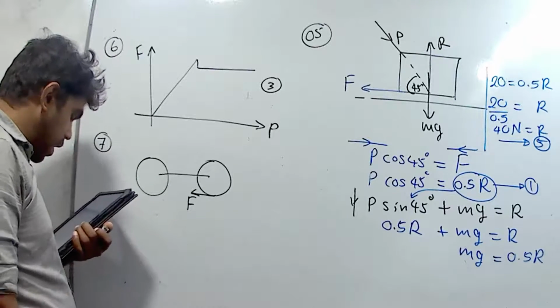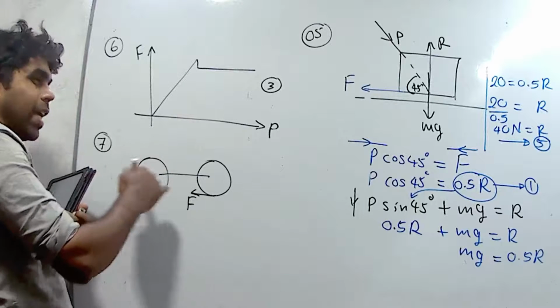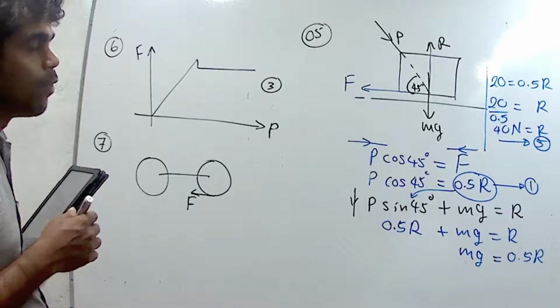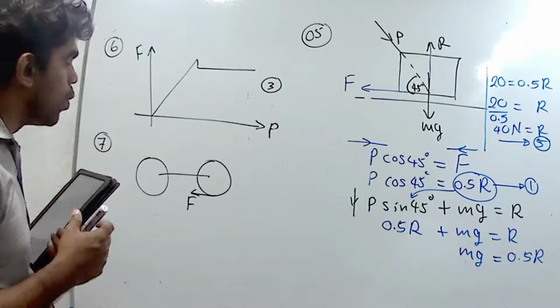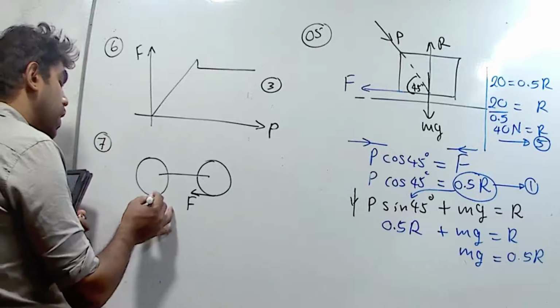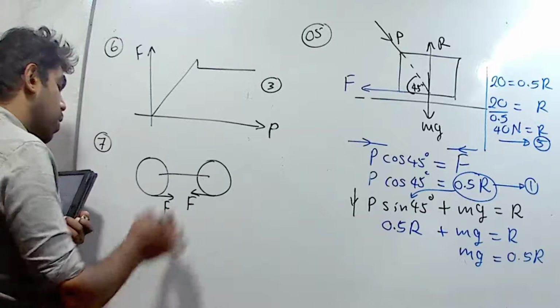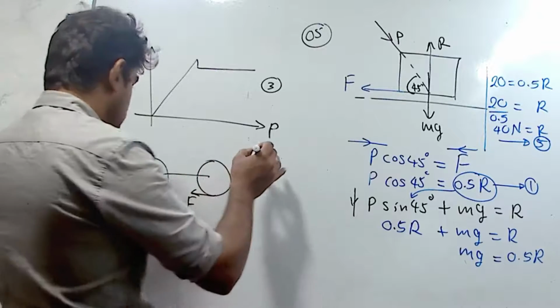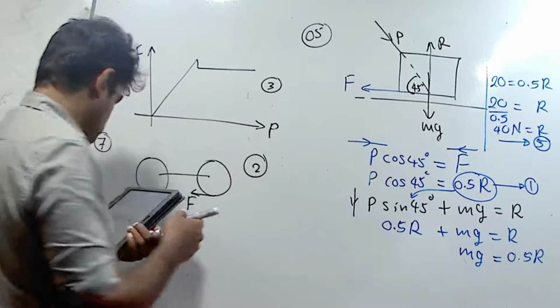But when considering the front wheel, it is rotating without using a given force. It is rotating due to friction. Friction is opposite to the movement of the bike on the front wheel. Then you can get 2 as the correct answer for question number 7.